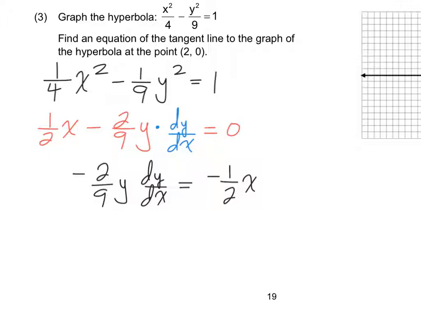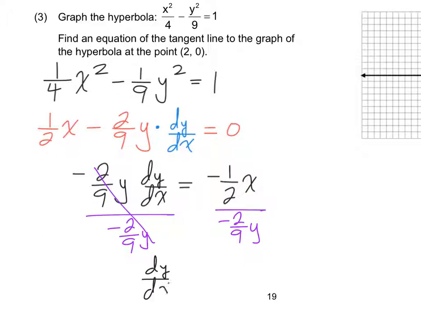Then I'm going to divide by negative 2/9 y. And I get dy dx equals, what, 9/2? No, just 9, right?